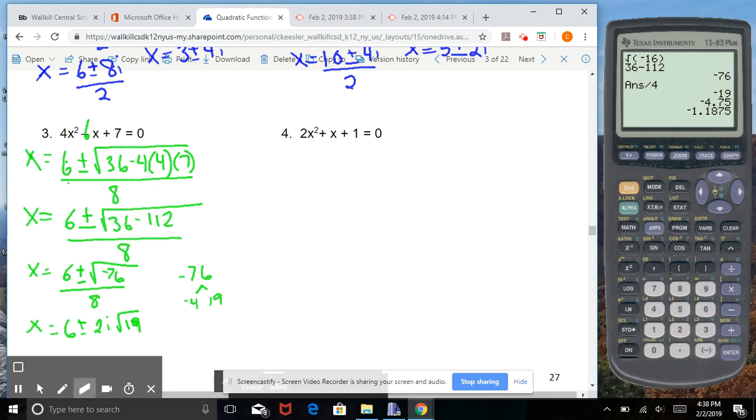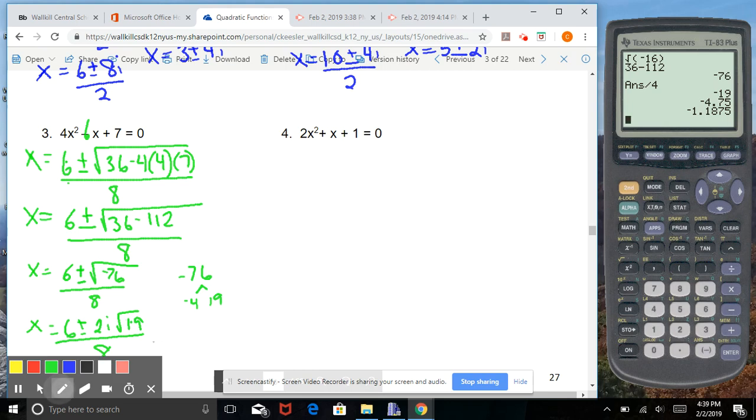all over 8. And from here, I can simplify it one more step because all 3 are even numbers.